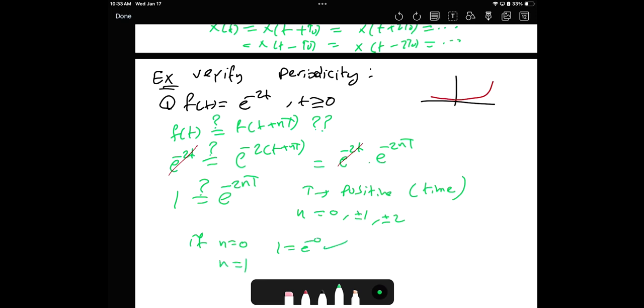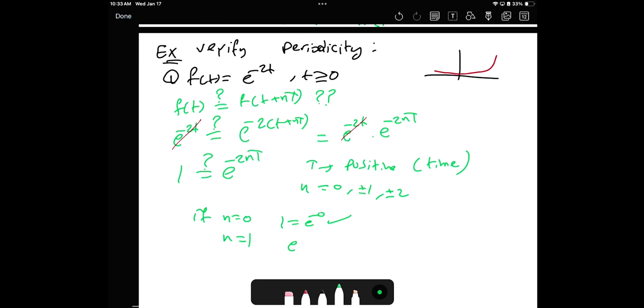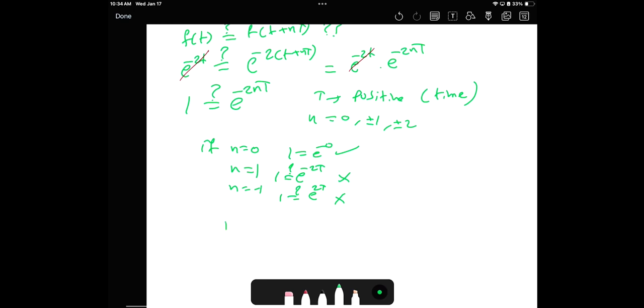If n equals 1, is e to the power negative 2T really equal to 1? How about n equals negative 1? Is it equal to 1 if n is non-zero? No. So there's no way for this function to be periodic. Of course, it is non-periodic. Okay? Any question?